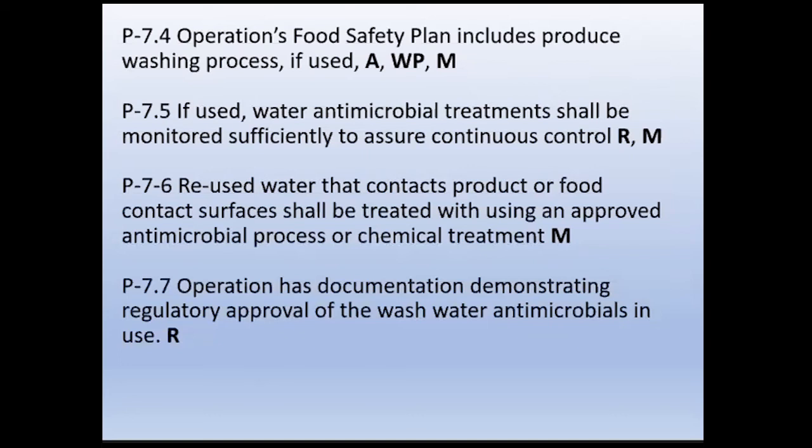But in general, you're going to want a risk assessment of your wash process, a written plan, and this is mandatory. So again, you have the second risk assessment for your water system.